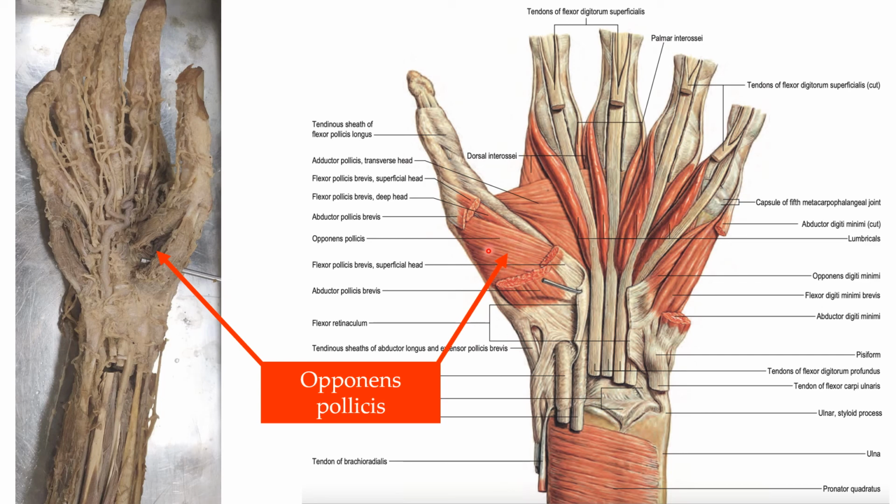So we can say that opponens pollicis lies in a deeper plane, deeper to flexor pollicis brevis and abductor pollicis brevis. Now in this cadaveric specimen, this is abductor pollicis brevis and the medial muscle is flexor pollicis brevis, and we have separated the two muscles in order to expose the underlying fibers of opponens pollicis.